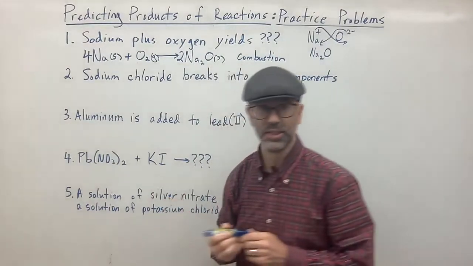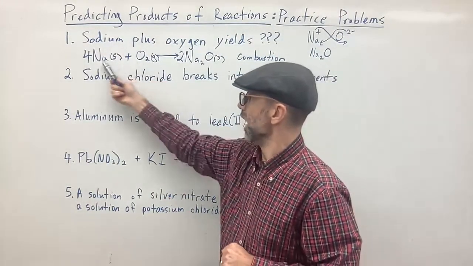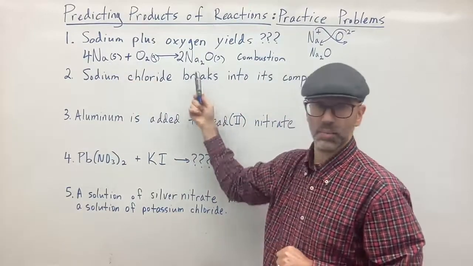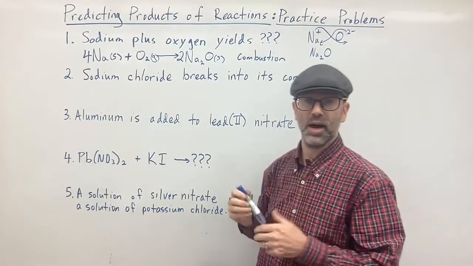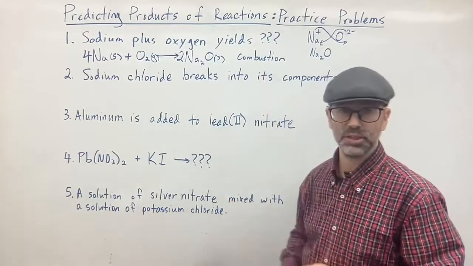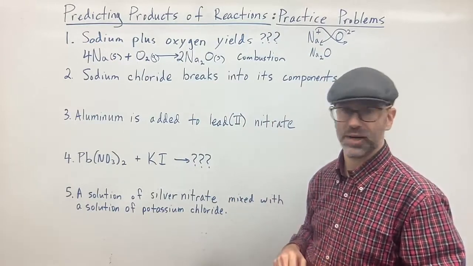So it's a combustion reaction. It's also synthesis because if you're adding these two together to form one product, so 2 goes to 1. But the more accurate description is that it's a combustion reaction. So this belongs in the category of combustion reactions.